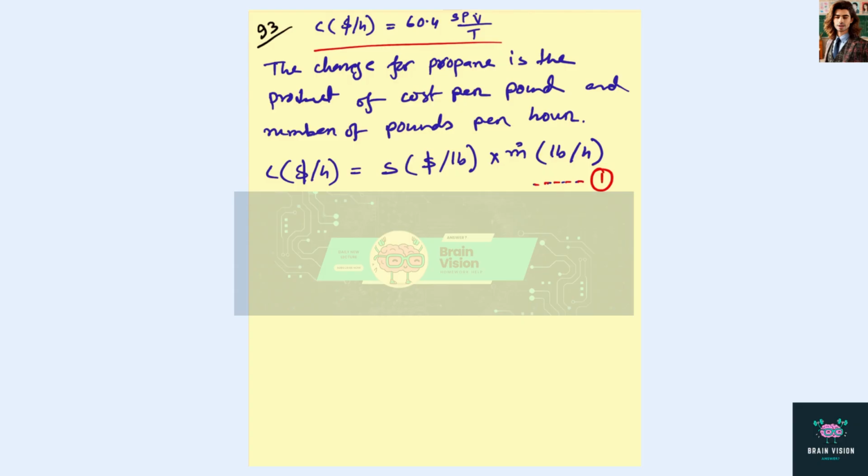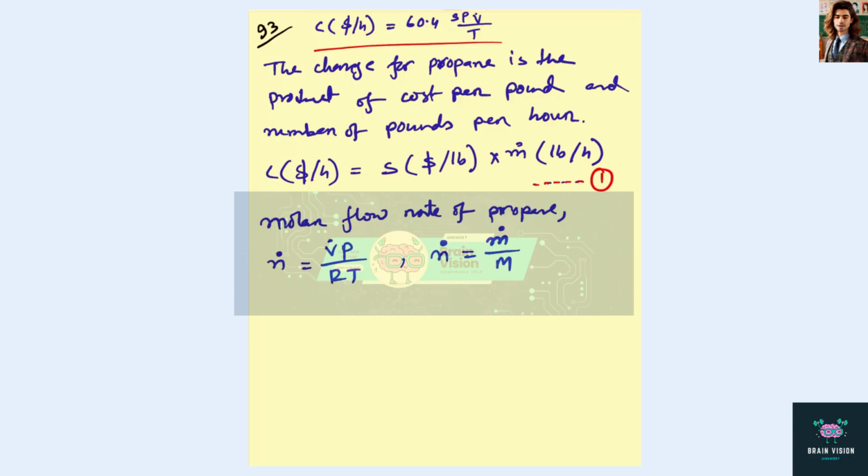Now we can assume that the gas is ideal, and then we can get the molar flow rate of propane. The molar flow rate of propane N is equal to volume flow rate multiplied by pressure divided by RT, and we know the molar flow rate of gas is the ratio of the mass flow rate to the molecular weight.